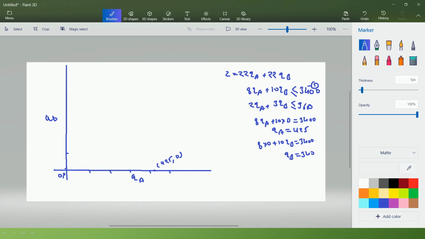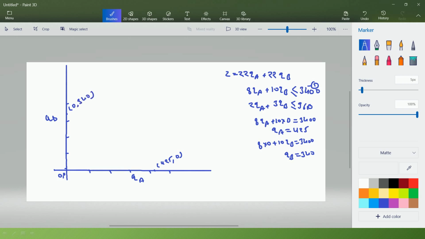Considering 100, 200, 300 and 400, somewhere around here we will have 340. Okay, so this will be our point 0, 340.